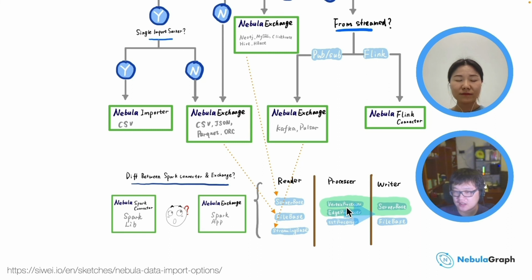You can optionally choose to make Exchange directly create SST files, and you can sideload those SST files into the Nebula cluster without talking to GraphD. In that case, you can achieve a huge data import write rate. Not everyone needs it, but Nebula provides it by default. In that case, you will use the file-based writer, which will consume the SST processor underneath. So I hope that answers your question, Lisa.